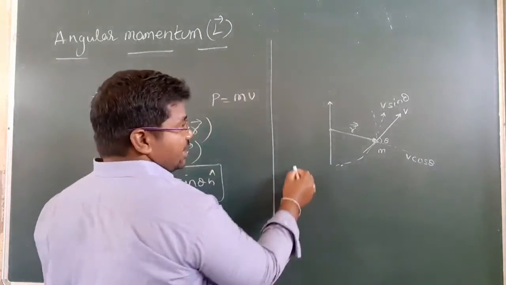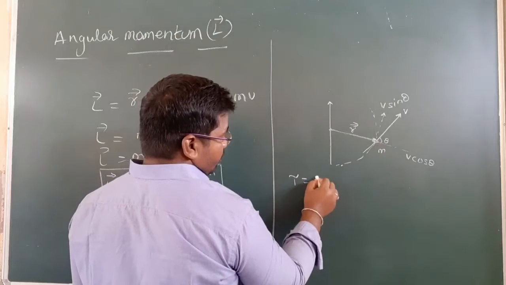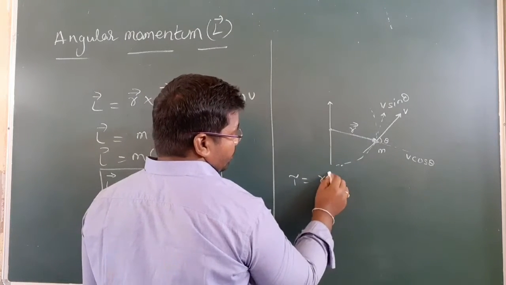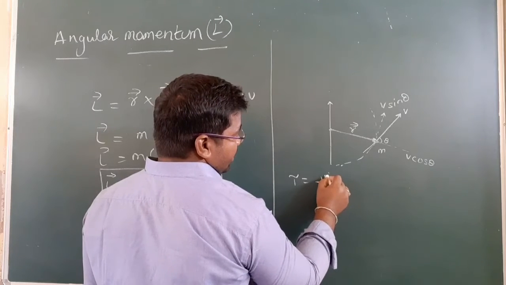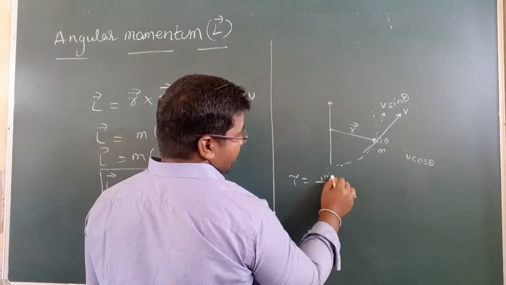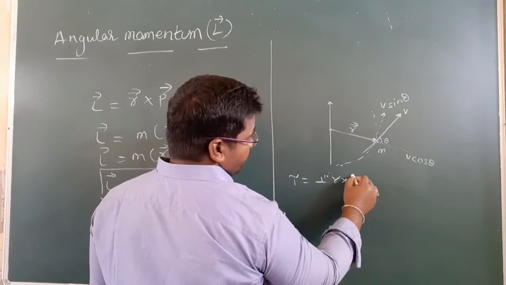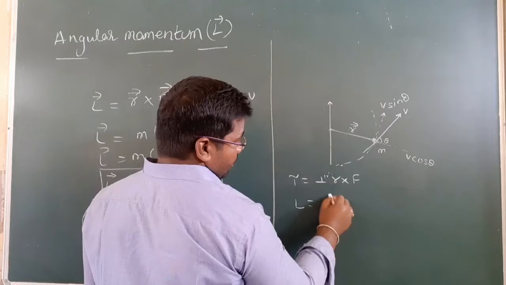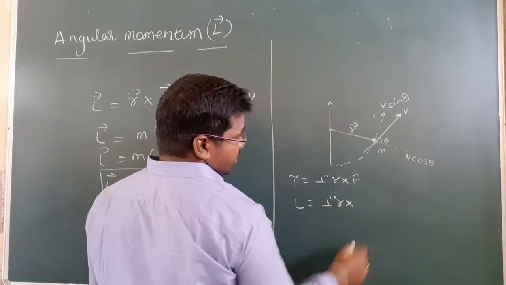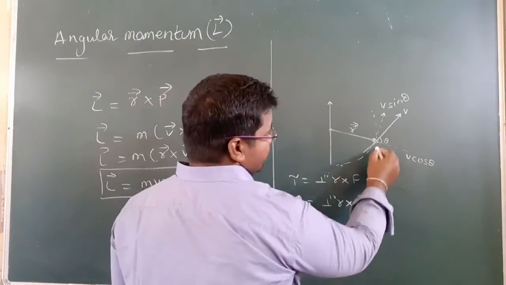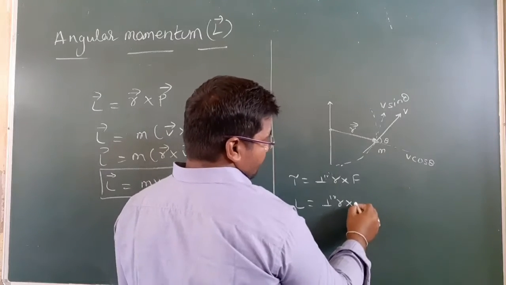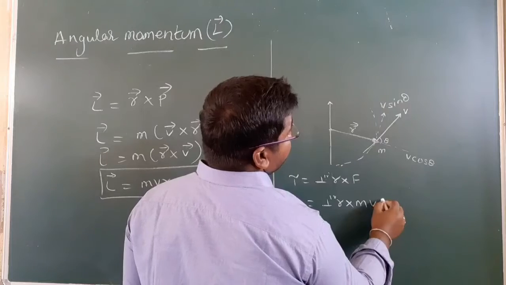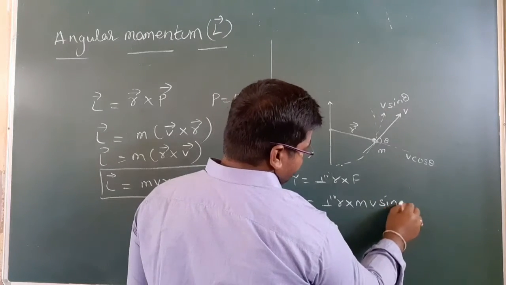Understand? Like torque tau is equal to perpendicular distance into force, here L is equal to perpendicular distance into momentum. Momentum is m into v sin theta.